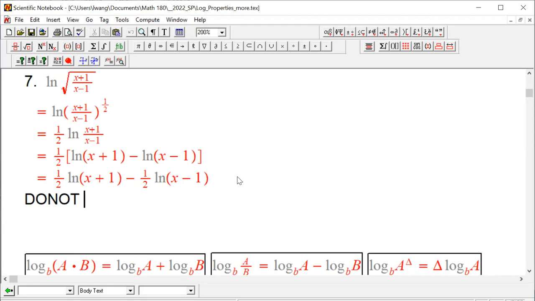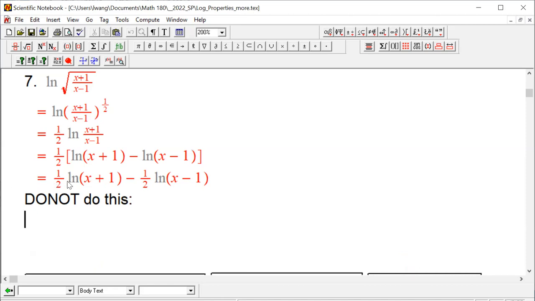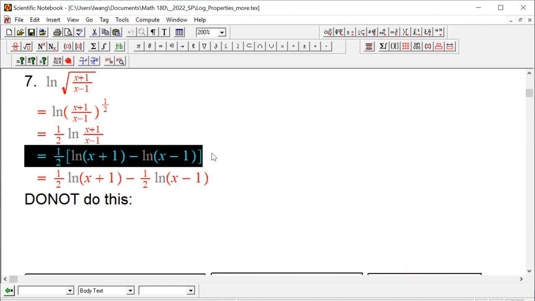Do not do this. Some people, when they get to this point, will do the following.